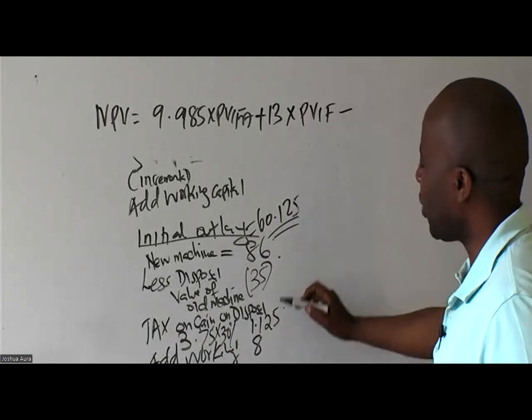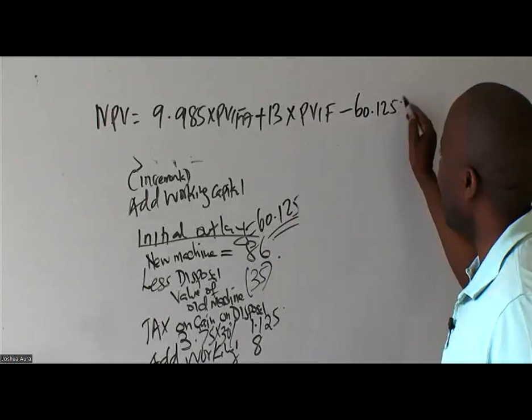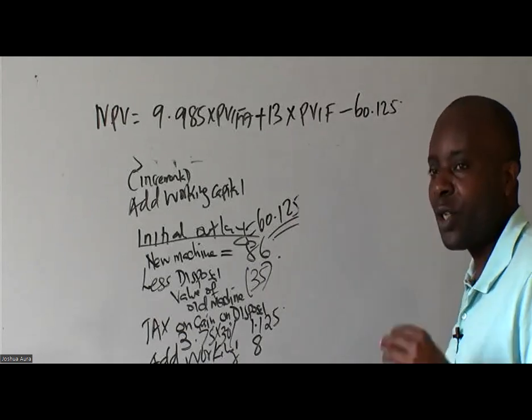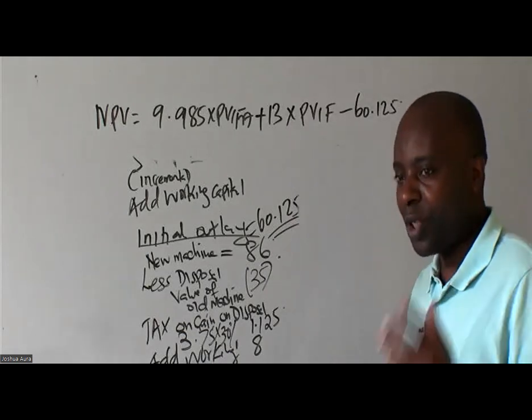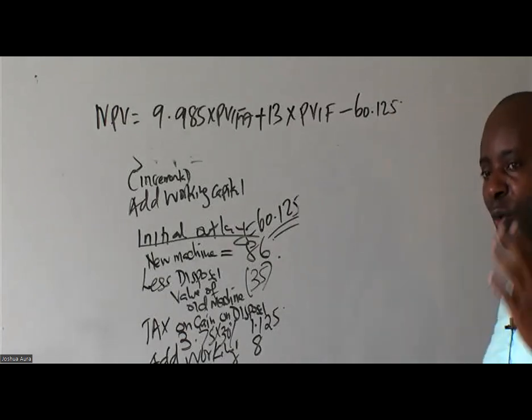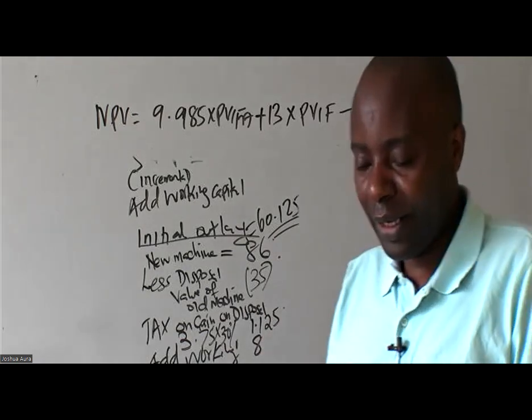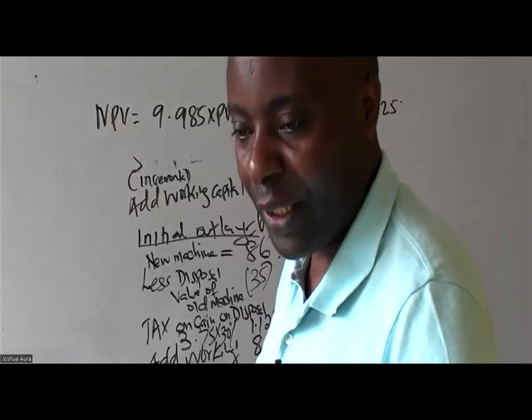Now minus the initial outlay, which is 60.125. Remember, the initial outlay, we don't discount. There's a question there. How did we get this 1.125? You know, we got the benefit there.